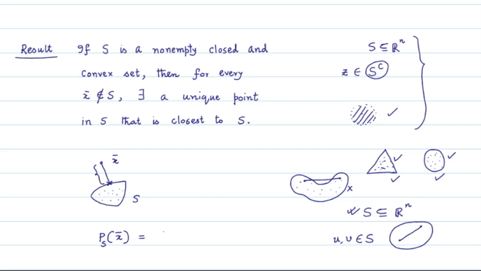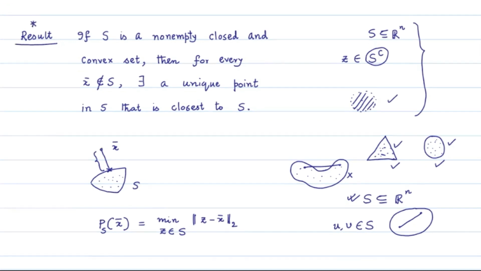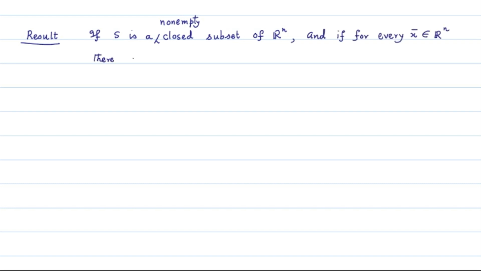That is, P_S of x bar is equal to the minimum of norm z minus x bar over z belonging to the set capital S. A fascinating fact regarding this projection on a closed and convex set is that the reverse of this result is also true, which states that if capital S is a non-empty closed subset of Rn, and if for every x bar there is a unique Euclidean projection, then the set capital S is a convex set.